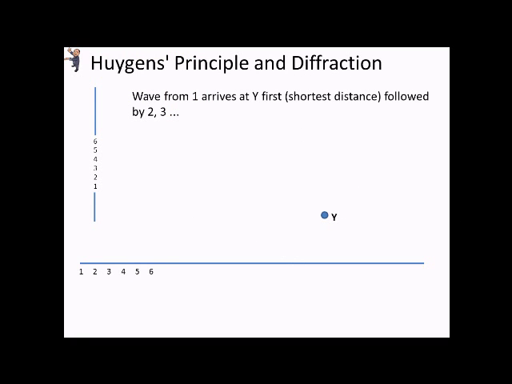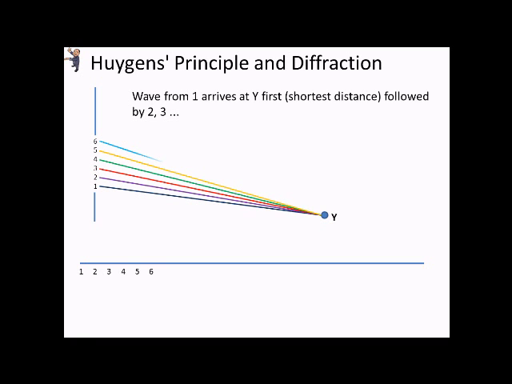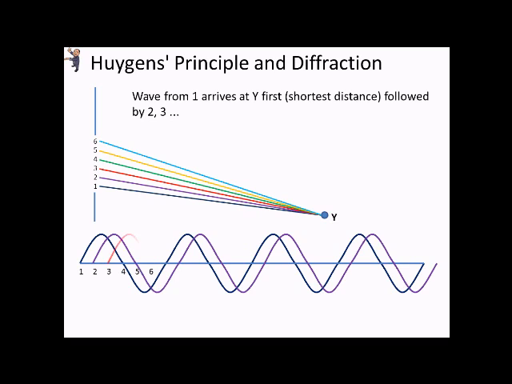So if we imagine the wave travelling through the gap here, the wave travelling from point 1 to y is going to arrive first because it's got the shortest distance to travel. Then 2, 3, etc. If we imagine and draw out the waves from each of these points, we get something that's a little messy.